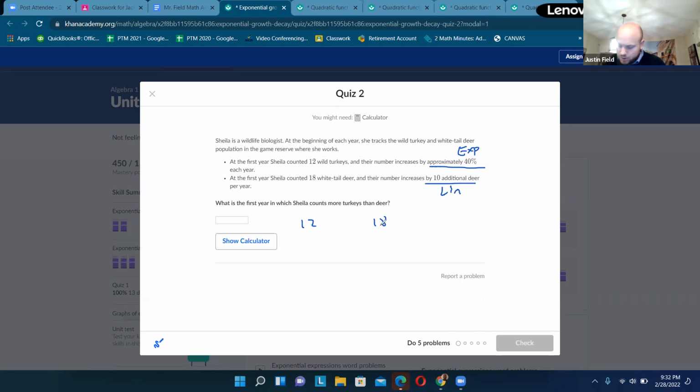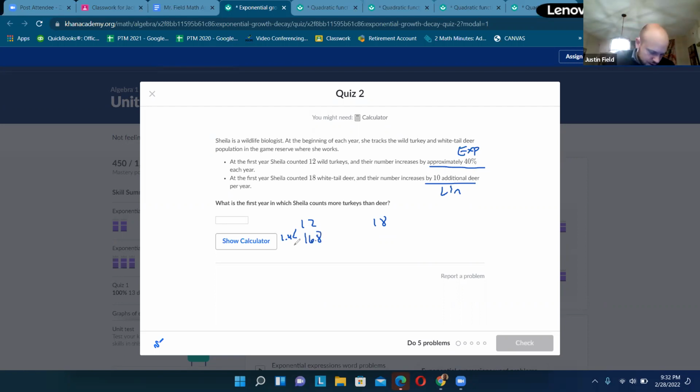Definitely you can use a calculator for this one. So the 12 wild turkeys is increasing by 1.4. So we're going to keep multiplying 12 by 1.4.